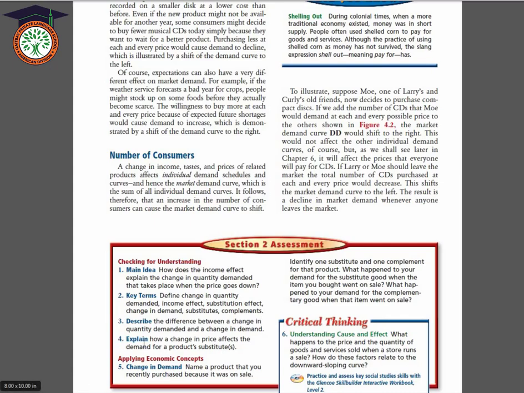Number 4, how a change in the price affects the demand for a product's substitute. I want from 1 to 4 of section 2, you're going to send me this, in your own words.